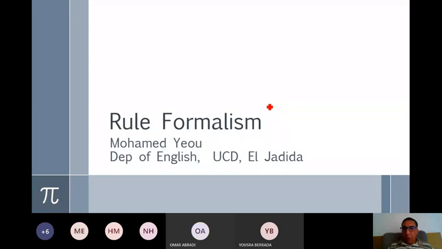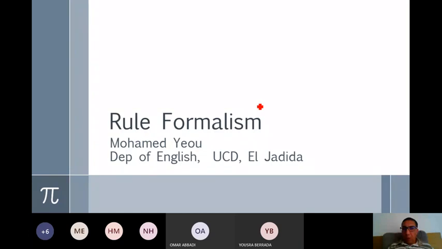Okay, so today's lecture is on rule formalism, how to formalize phonological processes using, most of the time, conventions from the sound pattern of English, that is, from generative phonology.